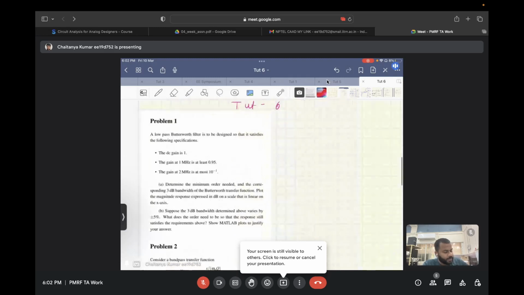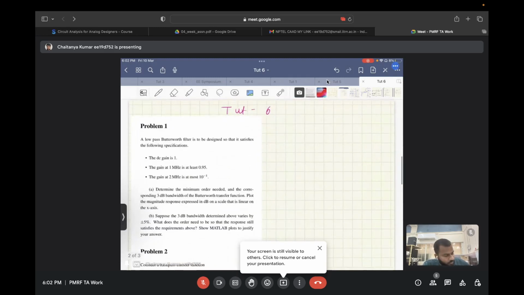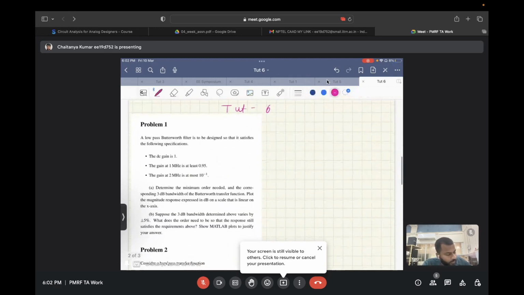So, can you see my iPad screen now? Yes, sir. So what we need is to design a Butterworth filter that satisfies the following things.